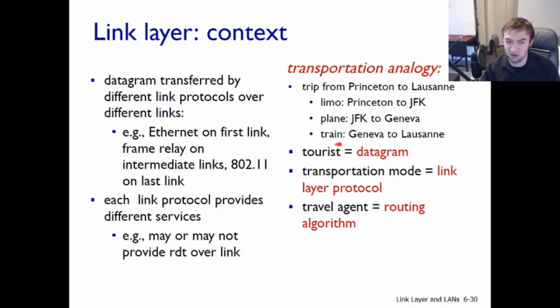From Geneva, you could take a train that gets you to Lausanne. And as you went there, you, the tourist, are representing the datagram. The mode of transportation that you take is the link layer protocol in this instance. And the actual way to figure out how you got there in the first place, the routing algorithm, represents a travel agent, if you were actually using one of those, although I don't think many of us do these days.